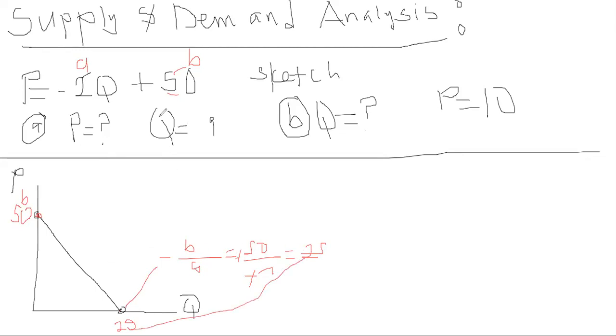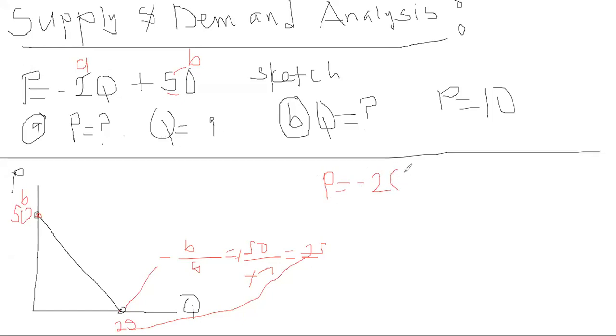We are also asked to find P when Q is 9. It's very simple. We just substitute wherever we see quantity with the value 9. So this will be -2 times quantity, but we assume the quantity is 9.